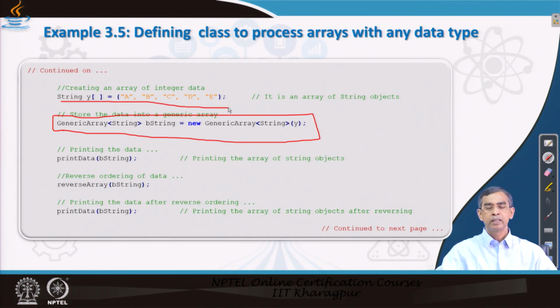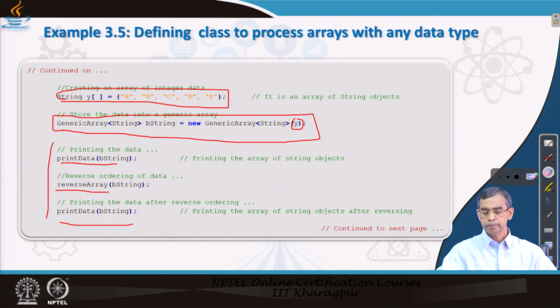So, these are the strings, we pass the string array here and then print, reverse, and again after reversing print this one, and you can see the same way we have done. We did not write any separate code for String. The same code which works for the integer array is now working for the string array also.